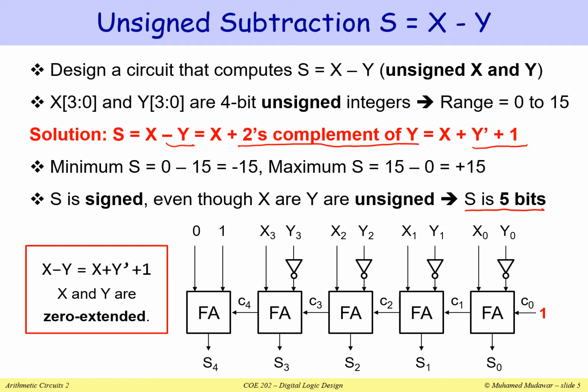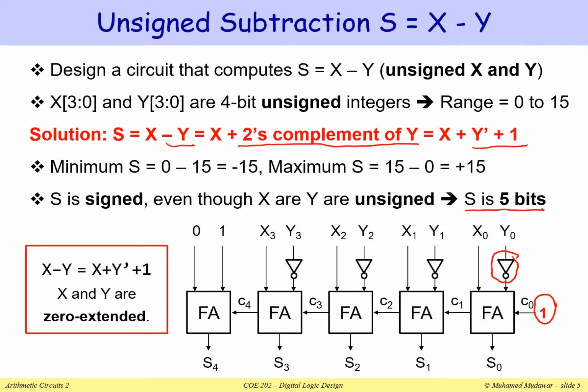Notice that y is inverted. Notice these inverters here. The inverter here is to calculate the 1's complement of y. And here we have C0 is equal to 1. This will calculate the 2's complement of y. So the 2's complement of y is equal to y prime plus 1.